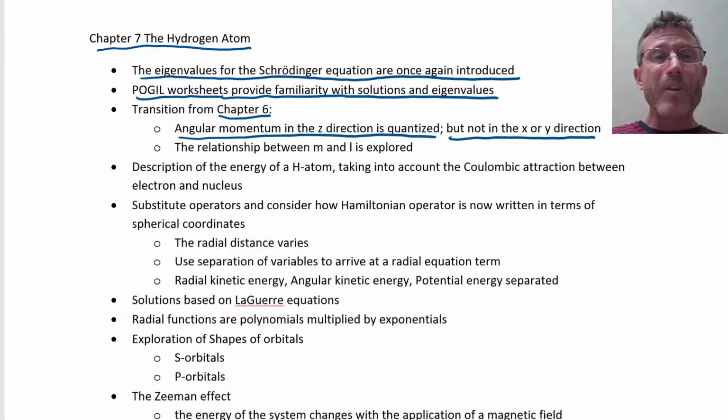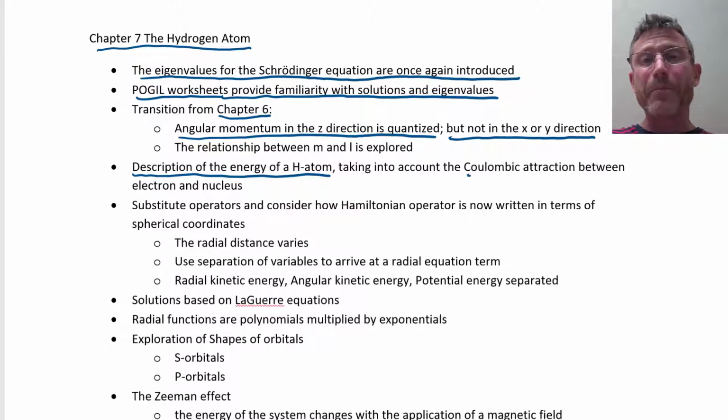So we then considered the energy of the hydrogen atom, and now the complexity comes into play because we've got the Coulombic attraction between the electron and the nucleus, and so the electron is tethered, but not in a rigid way. The electron can move around, right? And we start to think later about reduced mass of that electron because it's so small compared to the nucleus.